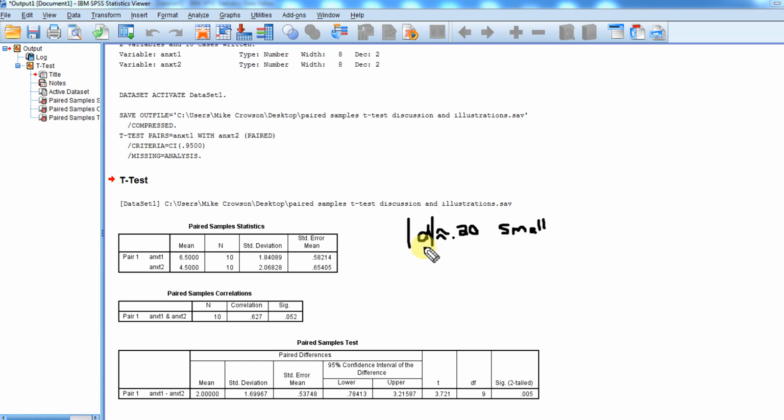Whether I had a negative 0.19 or a positive 0.19, both of those effects would be deemed small. Then he suggested d values with an absolute value around 0.50 would be considered medium or moderate, and d values around 0.8 or larger would be considered large.